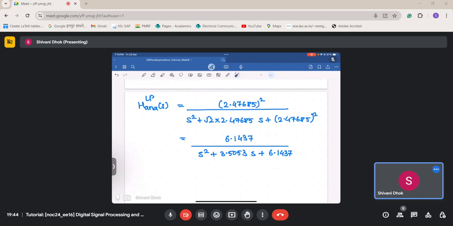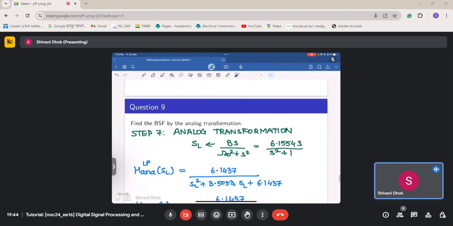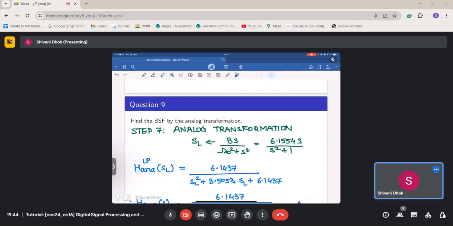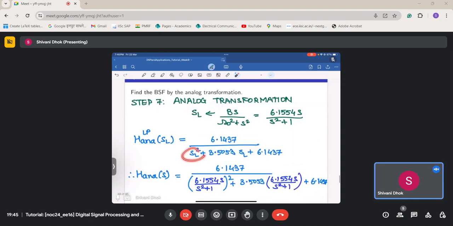Once we have the transfer function of this analog low pass filter, the next step is to find out the transfer function for the band stop filter, and for that we need to perform analog transformation, and this analog transformation is given by this formula here. And so basically we need to replace this SL, which is the independent variable for the transfer function of analog low pass filter.